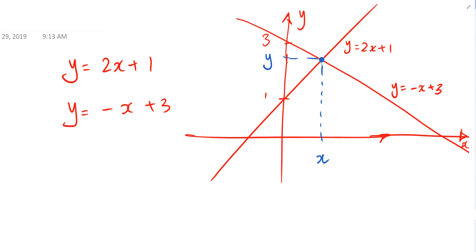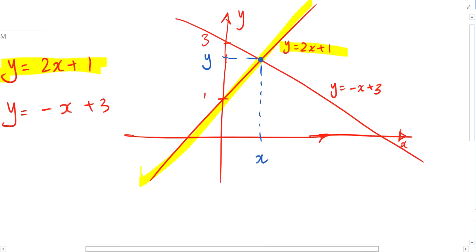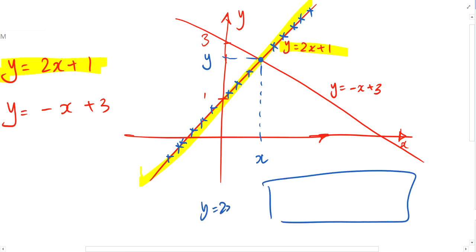Now, let's talk about the first graph, y equals to 2x plus 1, the one that I'm highlighting. Every single point on this highlighted graph has coordinates, right? It is actually joined up. We obtain this graph by making all these crosses over here, and all these crosses come from our table of values for y equals to 2x plus 1.